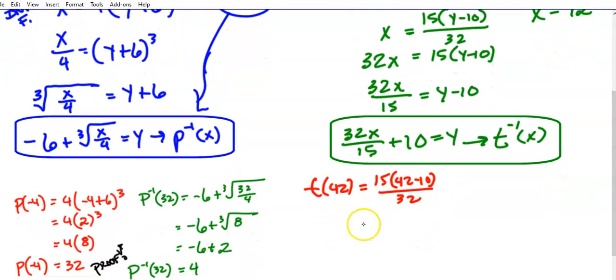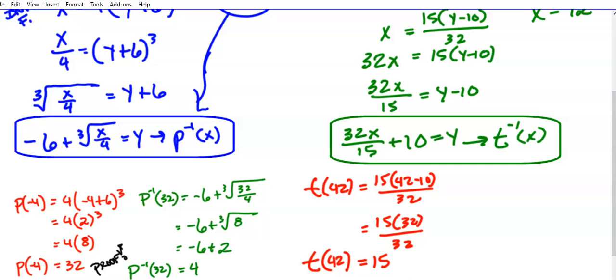So it should work out. Let's see. 15 times 42 minus 10 is 32, divided by 32. And the 32s will cancel out. So t of 42 is going to equal 15.